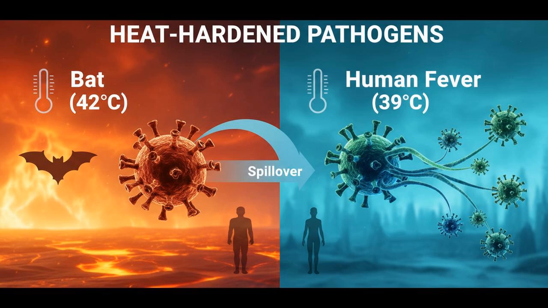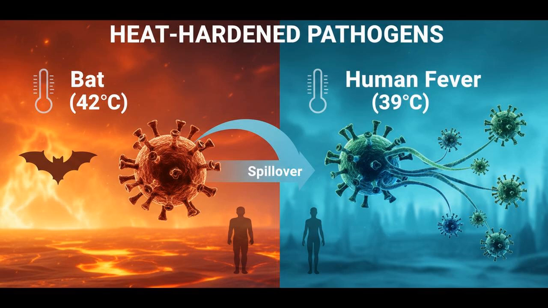Any viral variant that cannot withstand 40 degrees Celsius is denatured and eliminated. The only viruses that survive are the ones with highly stable capsid proteins and polymerases capable of functioning at extreme heat. When this heat-hardened virus spills over into a human, our primary defense mechanism is rendered useless.